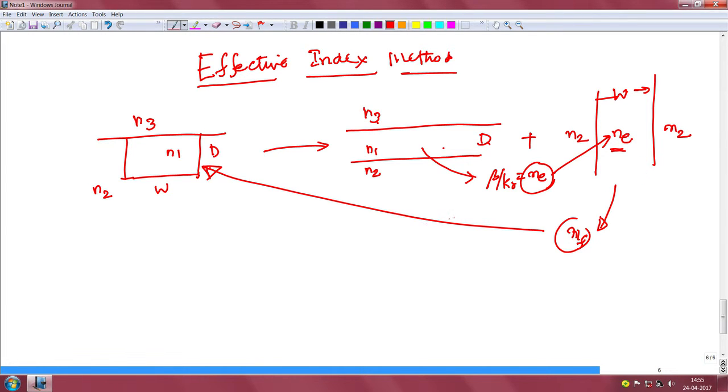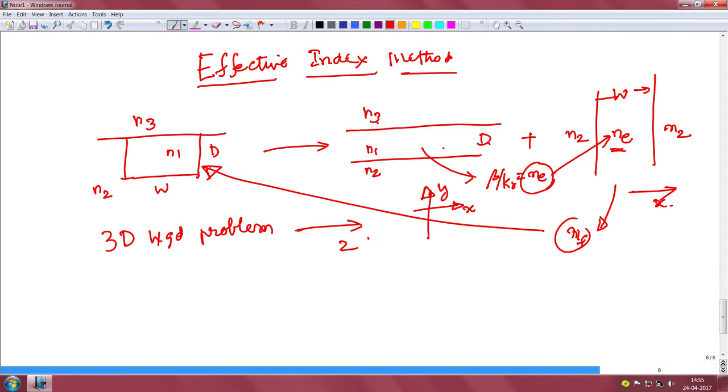Suppose we call them x and y, we can say that we have only an equation for the x. We are reducing a 3-dimensional problem into a 2-dimensional problem. The 3D waveguide problem is converted to a 2D waveguide problem.